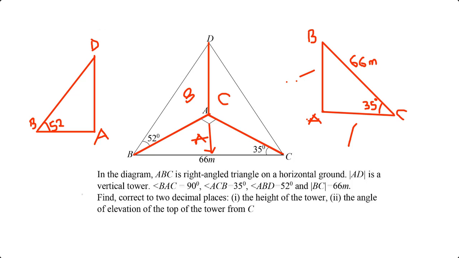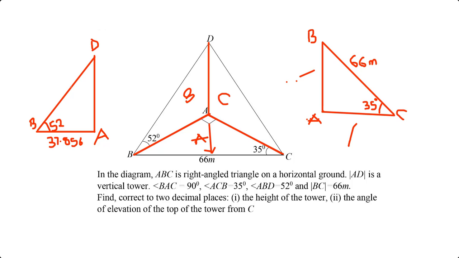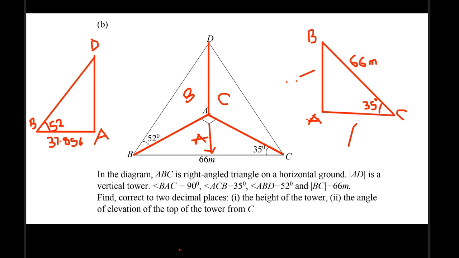Remember, we've calculated our BA, or AB, as what? 37.856. So we've already calculated AB. So for us to get the height of the tower is as good as calculating what? Our line AD, right? So representing it in our diagram, we're going to have something like this.